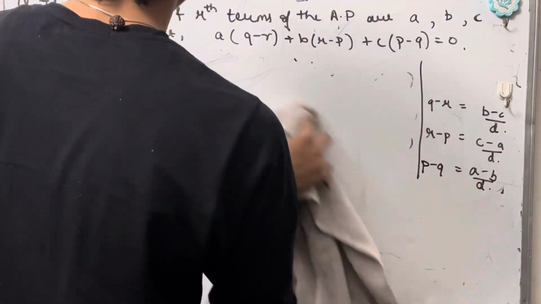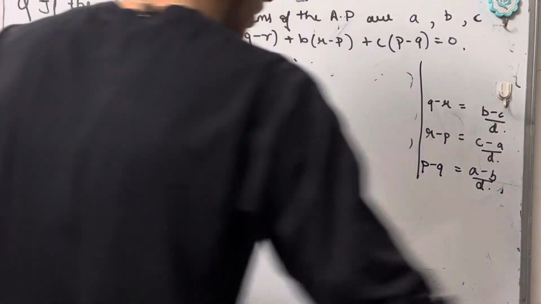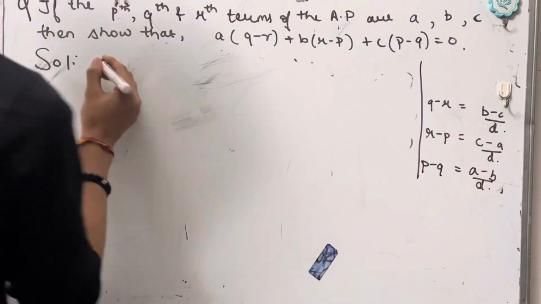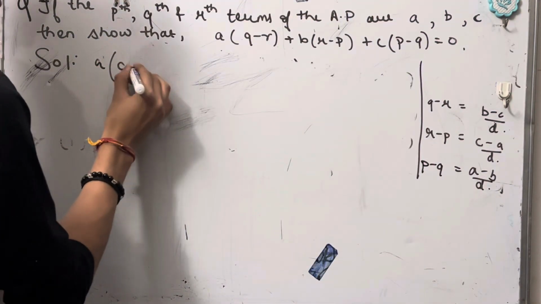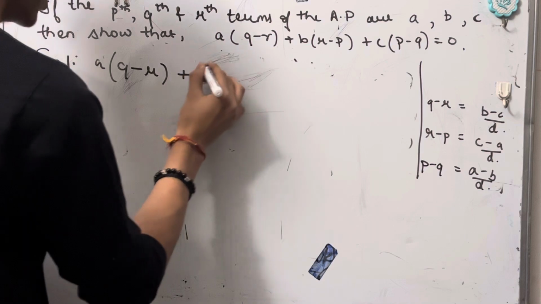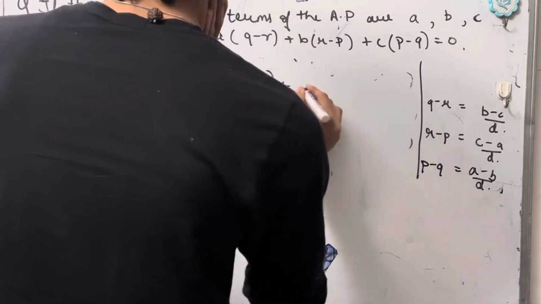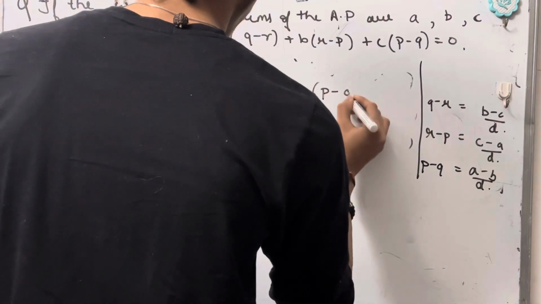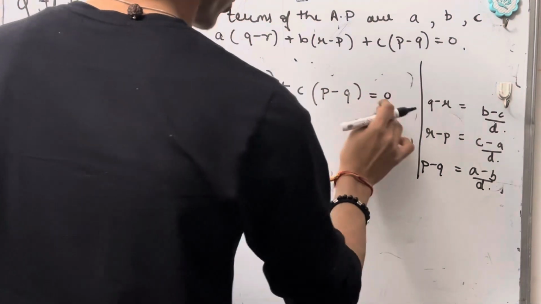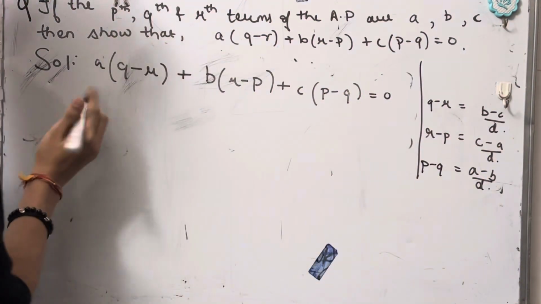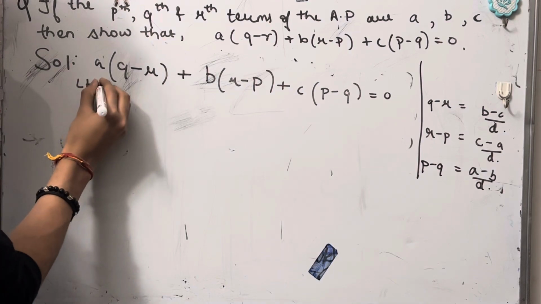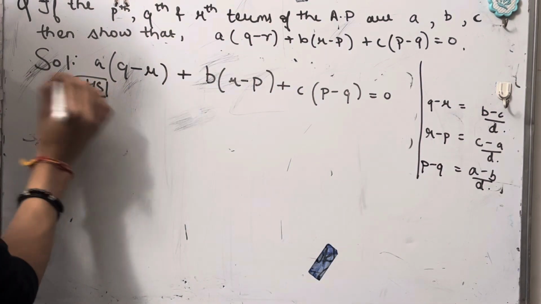So now I write this equation: A into (Q minus R) plus B into (R minus P) plus C(P minus Q) is equal to 0. That's what we have to prove. Now I solve for the LHS, the left hand side. So I put in the values of these.